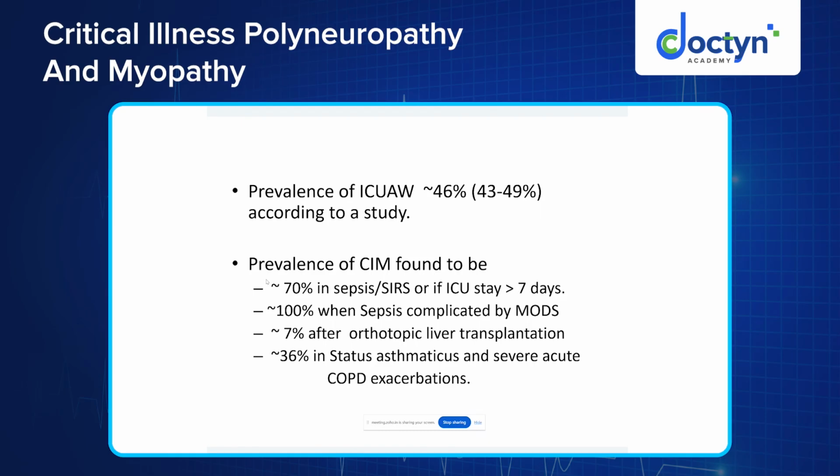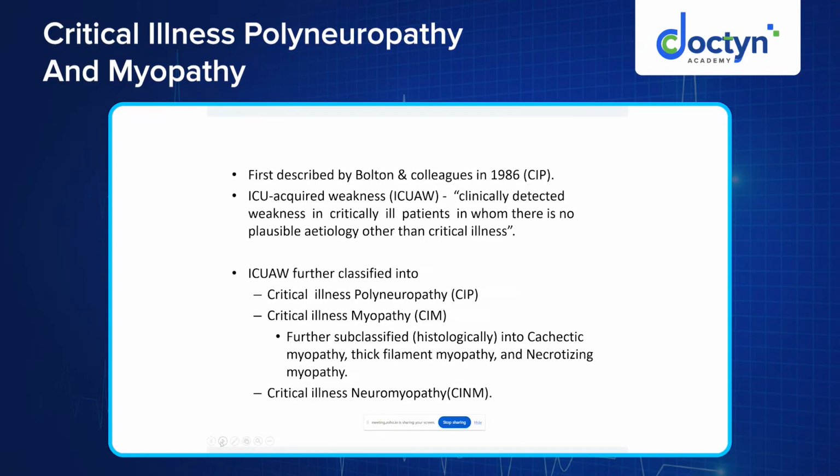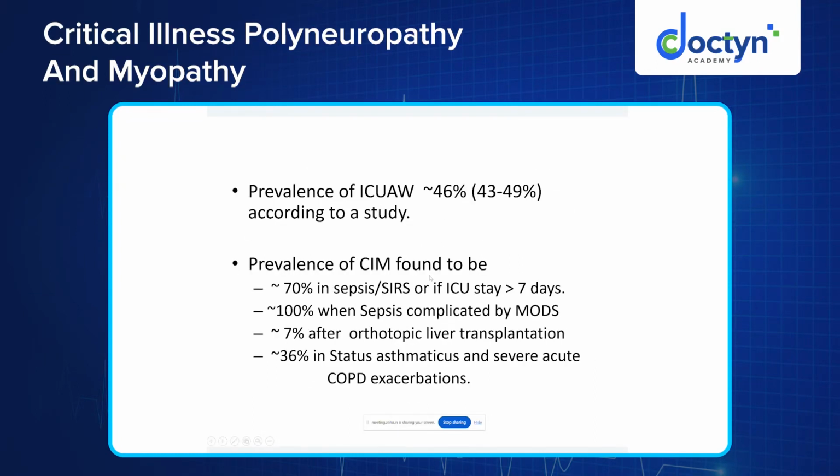The prevalence of myopathy is found to be almost 70% in a patient of sepsis or SIRS, or if the ICU stay is greater than 7 days. So almost 70%, 7 out of 10, if a patient has an ICU stay of greater than 7 days. So critical illness myopathy prevalence is 70%.